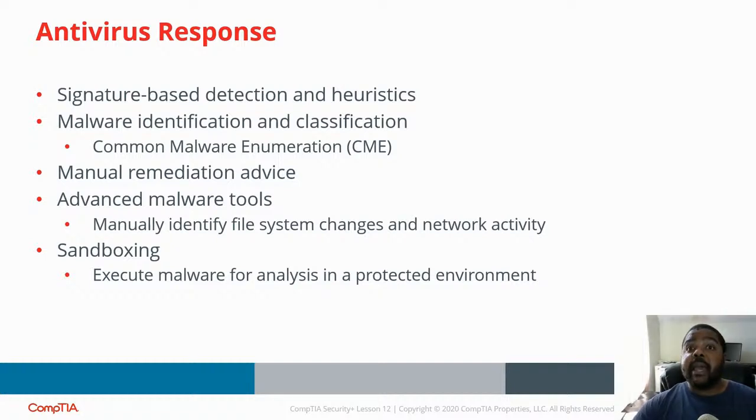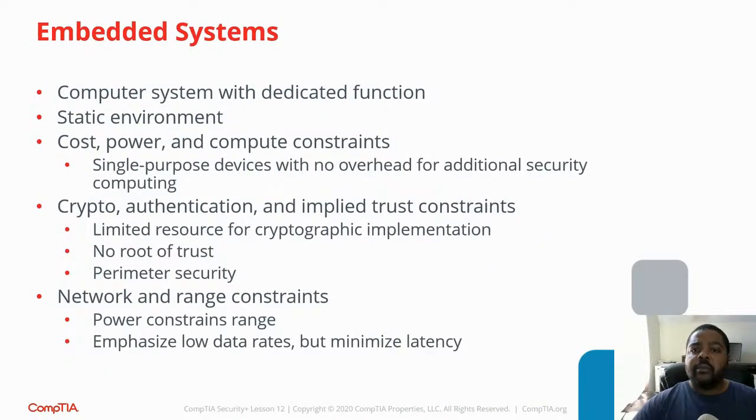And if they match, then they will flag it as a virus and quarantine it or delete it altogether. So this is what we mean by signature-based antivirus. Now, heuristic is getting a baseline of what's normal, and then anything that's abnormal, we will flag as being malicious.